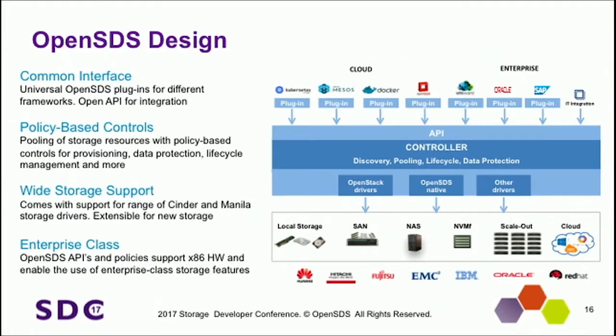If you combine those two projects, you have these plugins in the compute frameworks, which talk to the OpenSDS API, which talks to the controller, which does all the hard work there. And then you have the southbound drivers, you can call them.